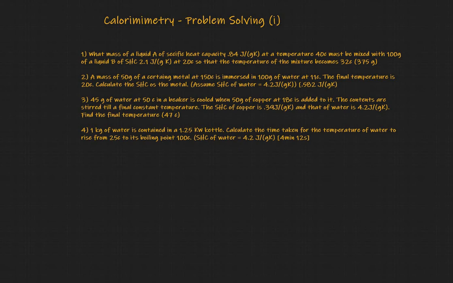Before we start, let's quickly look at the units because we will have to deal with a lot of units. First, let's look at specific heat capacity. So far we have looked at the unit of specific heat capacity as calorie per gram per Kelvin.